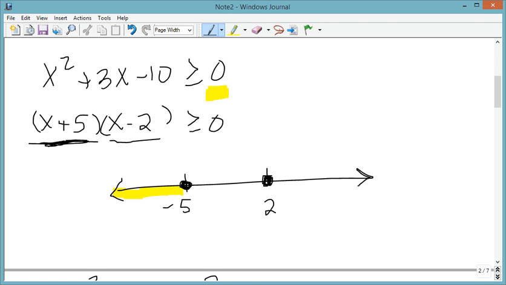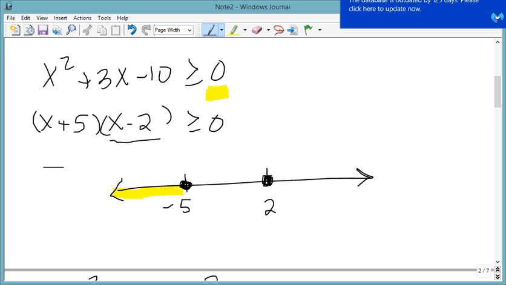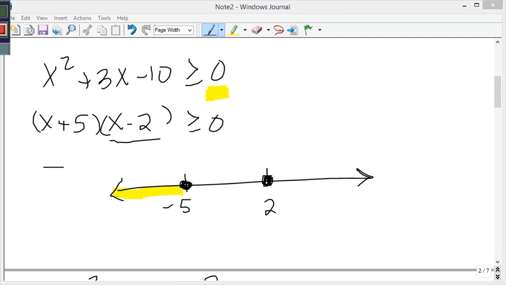So if I put -6 into this, I get -6 plus 5 is going to be -1. I don't really care what the number is, I just care that it's negative, right? So this is a negative number.